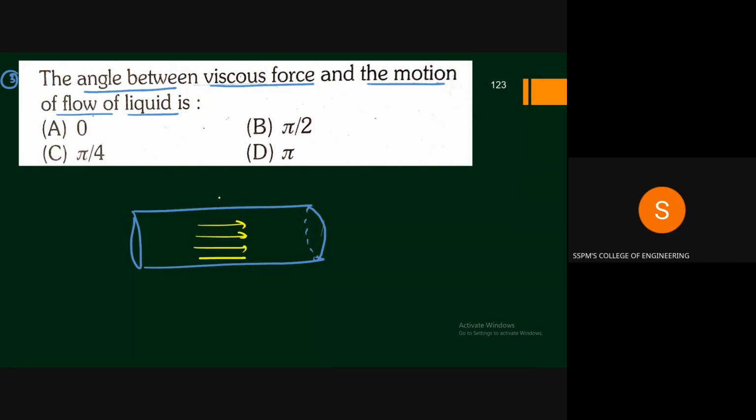The viscous force is always in the opposite direction, so viscosity basically tries to oppose the motion. This is the direction and this is the viscous force, so the angle between them is 180 degrees, that is equal to pi radian. So the correct option is option D. Angle is pi radian.